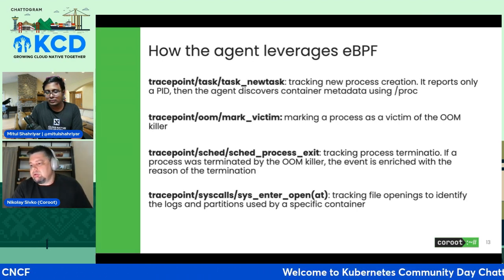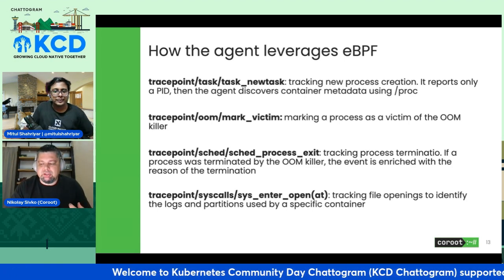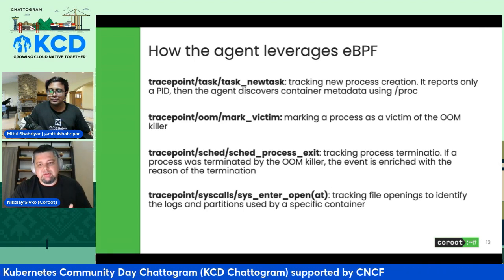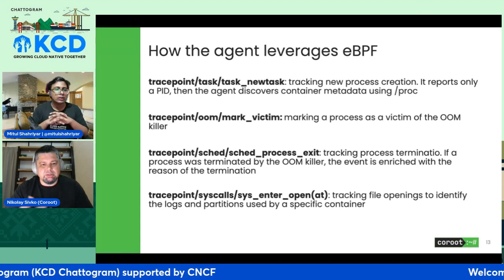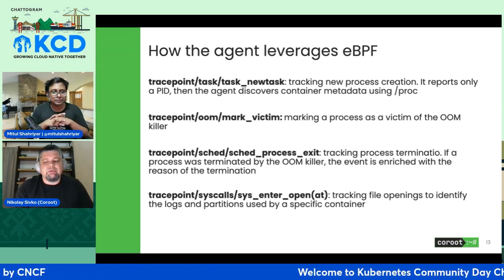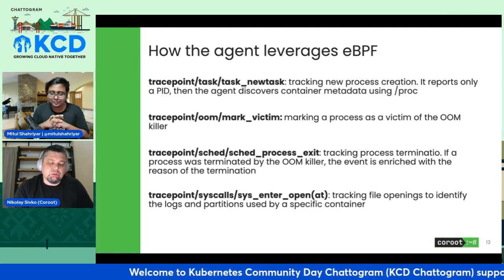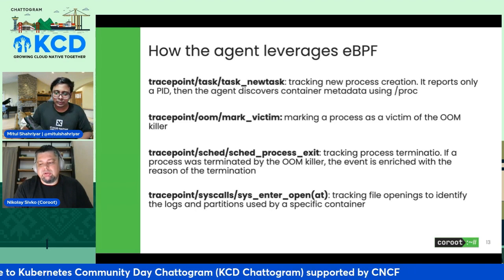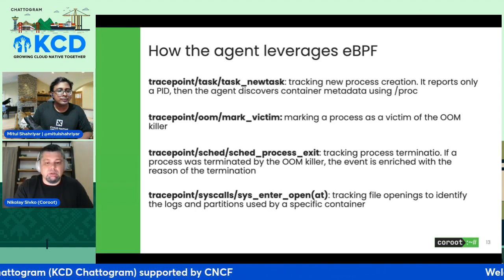For example, if the process is part of a Kubernetes pod, we need to understand the exact pod: namespace, pod name, container name, and so on, and cgroups. We use cgroups to gather resource usage metrics. Also, we trace process exit to know that the process no longer exists on the machine.